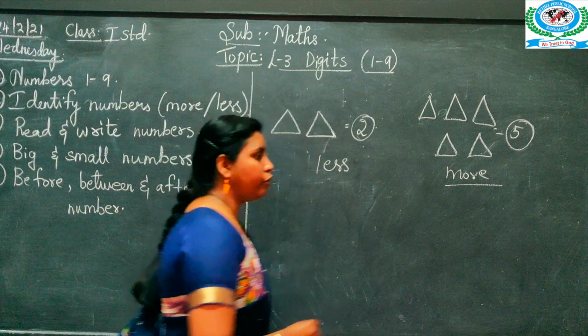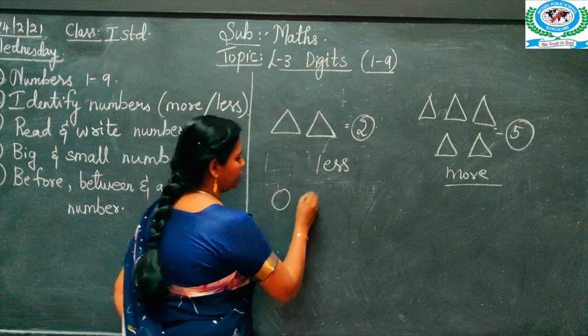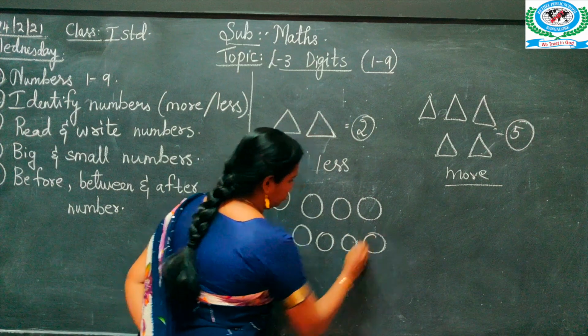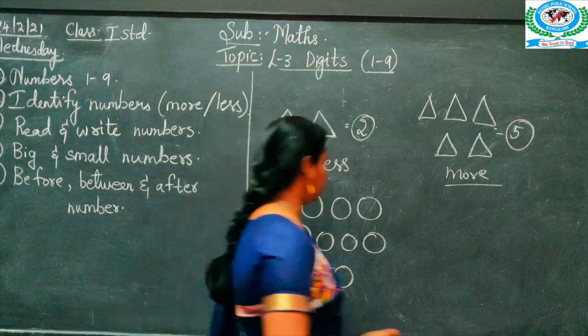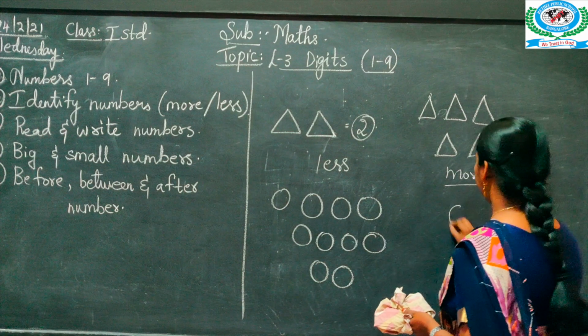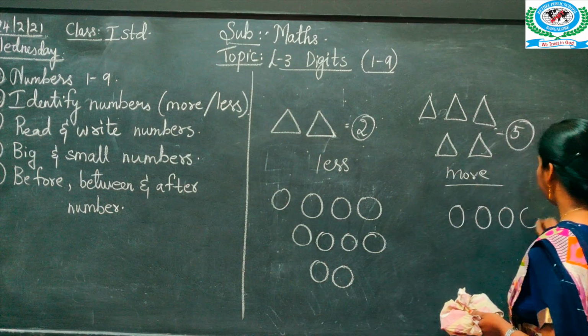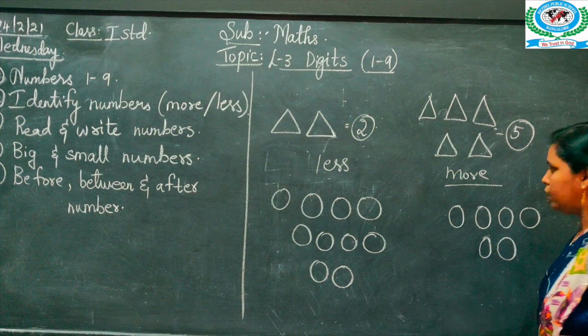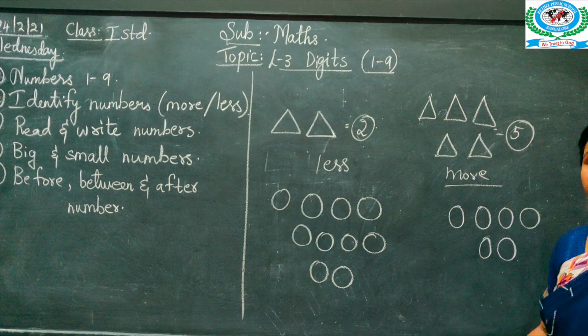Similarly, if I give you another example, so these are the circles here, and some more objects if we give here. So now which is more and which is less?